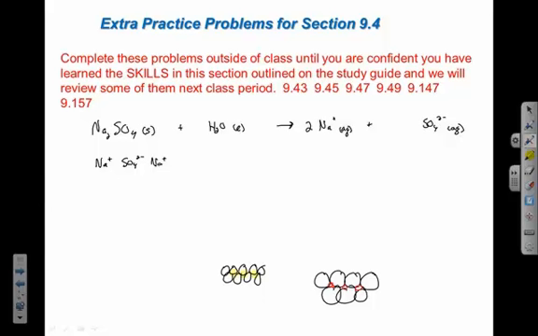And that allows the charges to get even closer together. So the effectiveness of the packing of the charges and the quantity of charge involved determines how strong the ions are attracted to one another in the solid form. And that determines whether you get a precipitate or not.